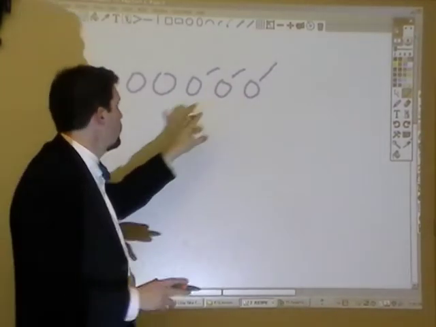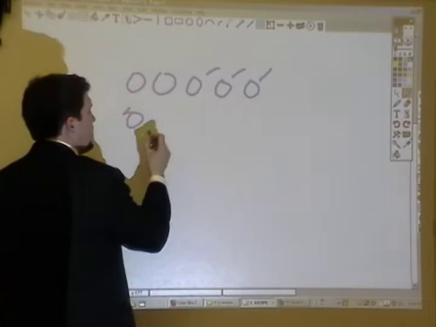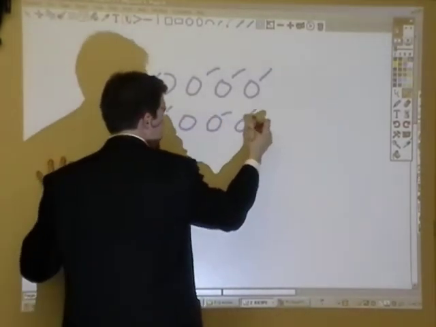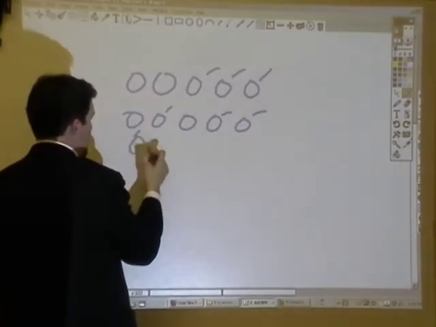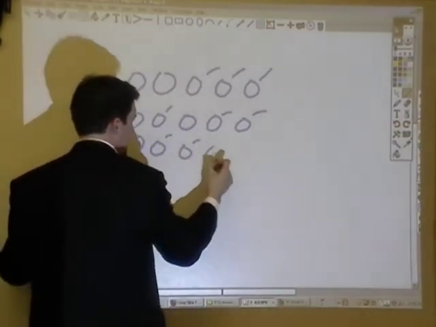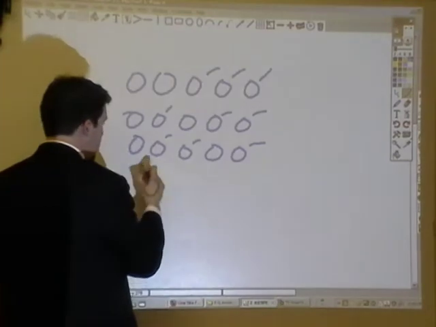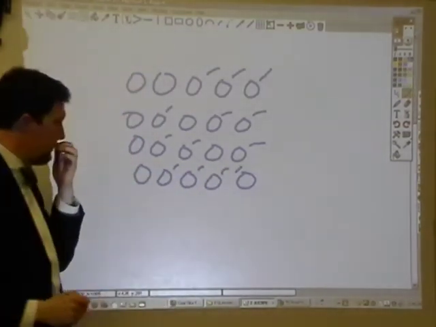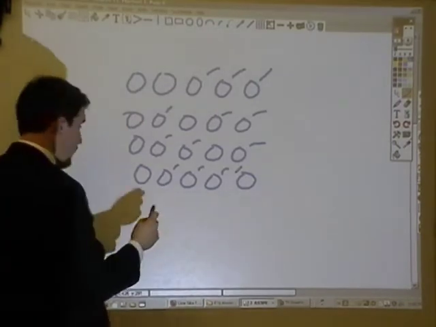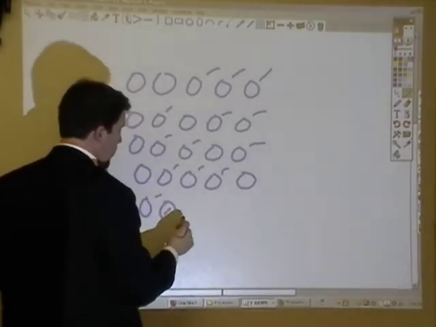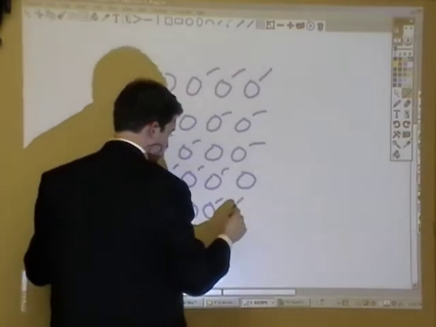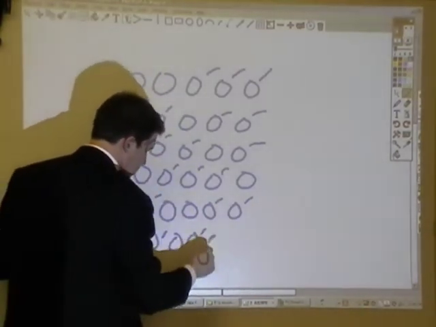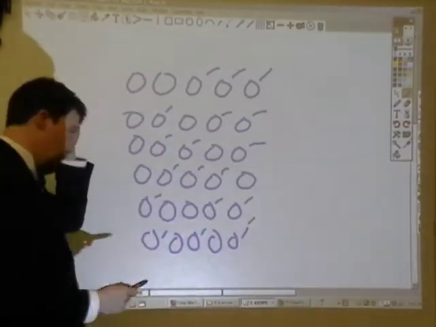But is that the only way I can do this? I could have the first kid be type O and the second one not, then type not O and type not O. Or type O, not O, not O, O, not O. Or O, not O, not O, not O, O. Or not O, O, not O, not O. Or not O, O, not O, O, not O. And so forth.